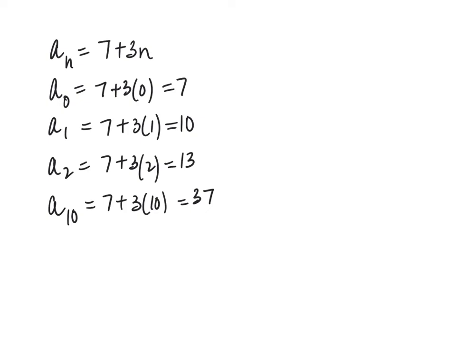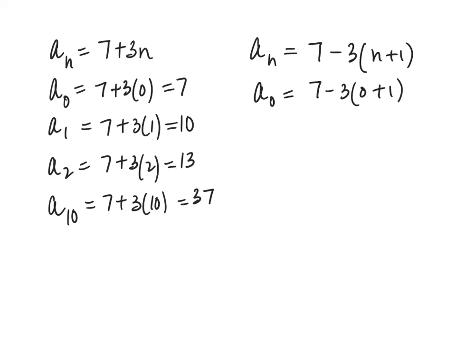One more example. If I had a formula that was a sub n equals 7 minus 3 times (n plus 1), and I asked you what a sub 0 would be, that just means I plug in 0. So that ends up being 7 minus 3, which is 4.